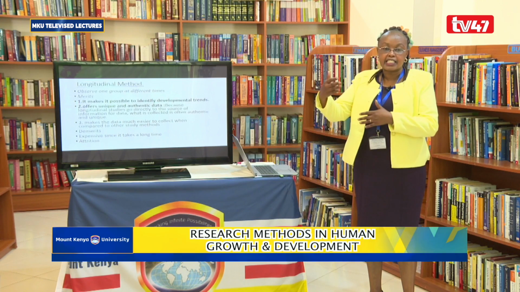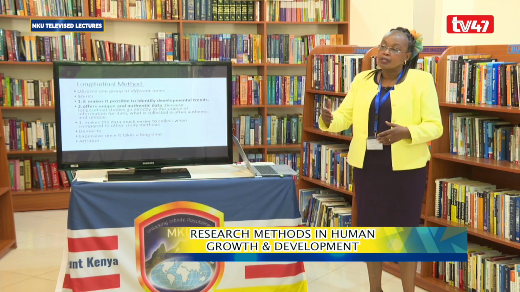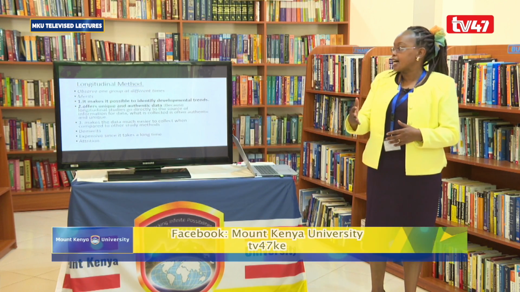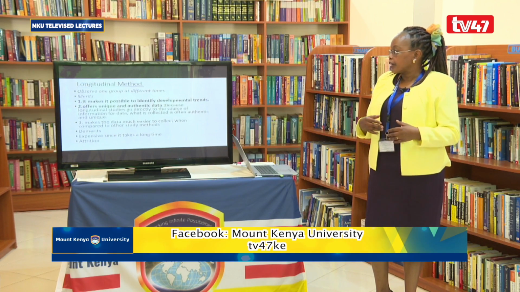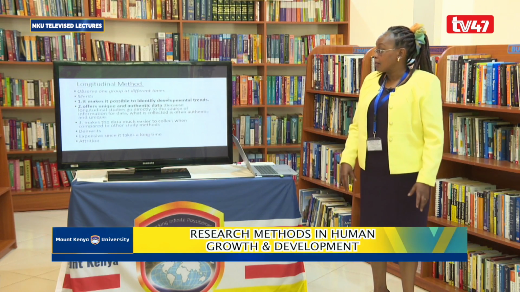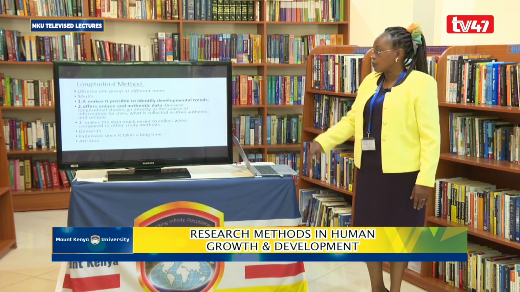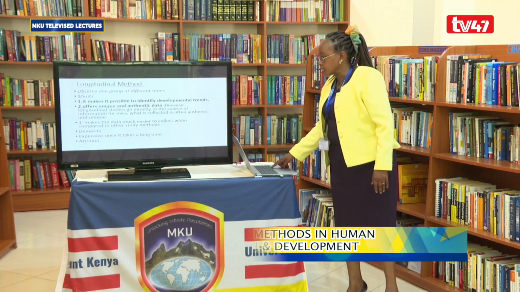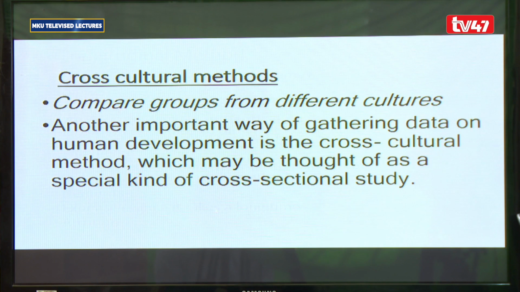So if you started with 30 children, maybe you find within no time the child has moved to a different county or a different country. Some of them may even, sorry to say this, die. But when it comes to attrition, it simply means that they drop out of the study. And once they drop out of the study, it affects the credibility of your findings.